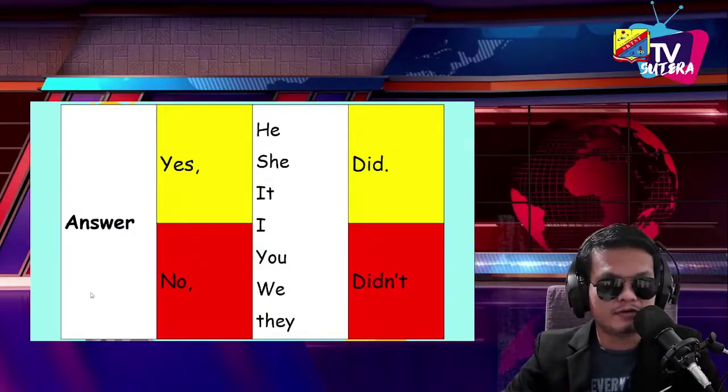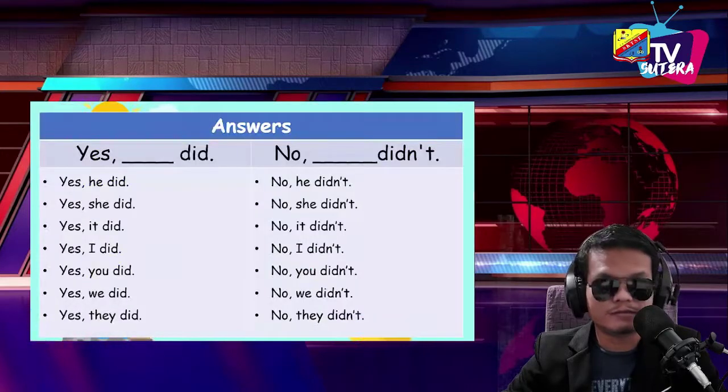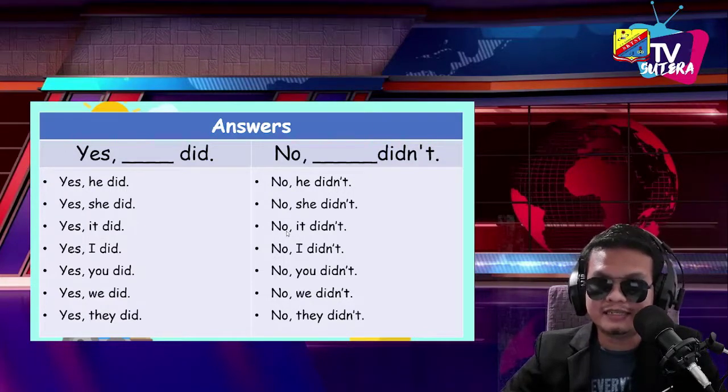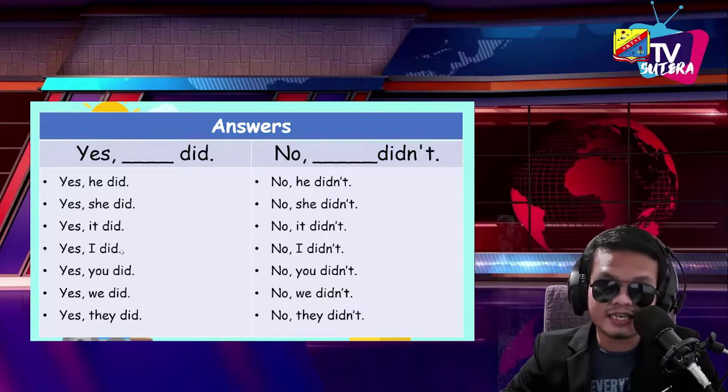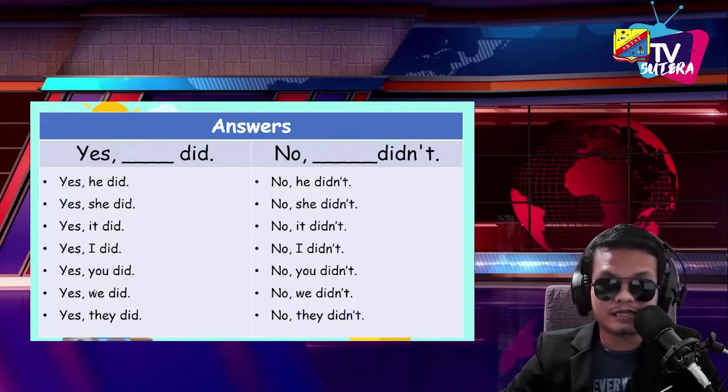Okay, let's look at the next example. Now this is the possible answer using all the plural and singular pronouns. For example, yes, he did, yes, she did, yes, it did, yes, I did, yes, you did, yes, we did, yes, they did.